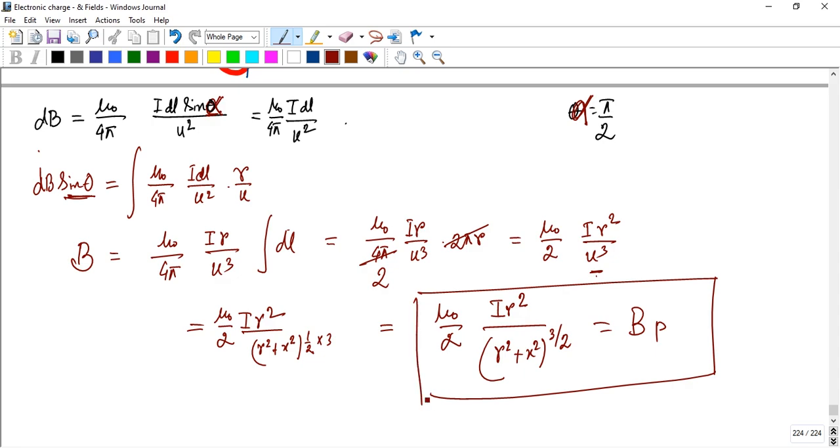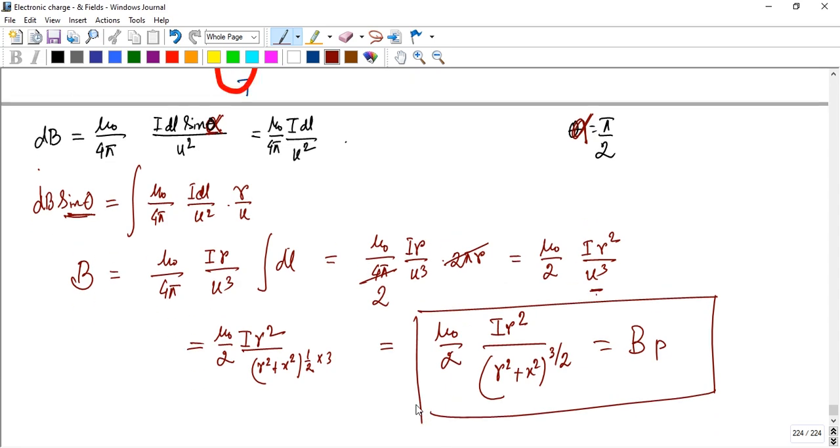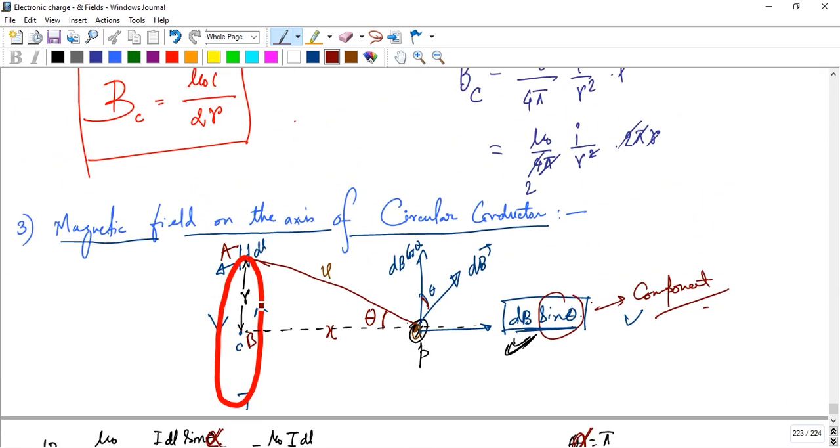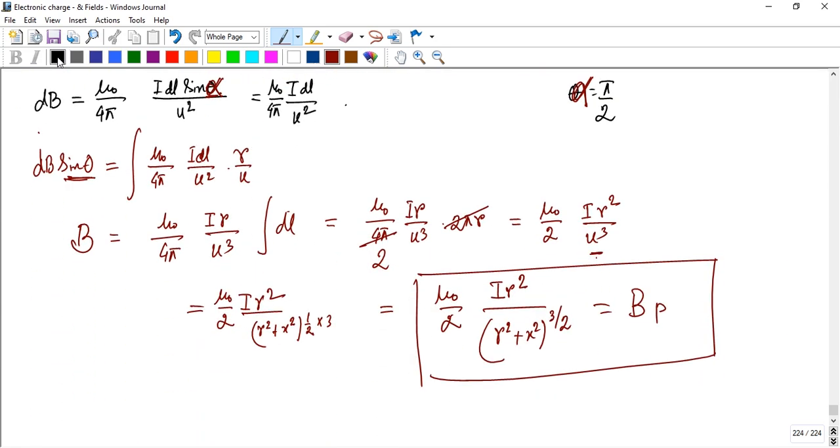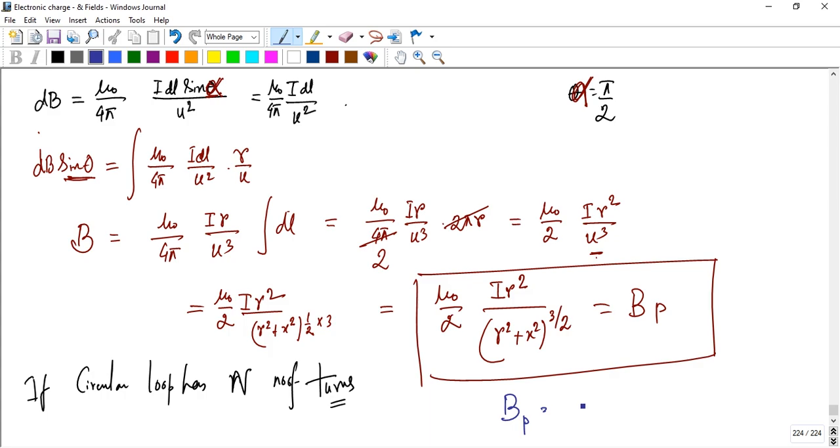Here is another important term we are missing. If the circle is one loop, one turn, but if the circular loop has N number of turns, then BP equals mu 0 N I r square by 2 r square plus x square whole to the power 3 by 2.